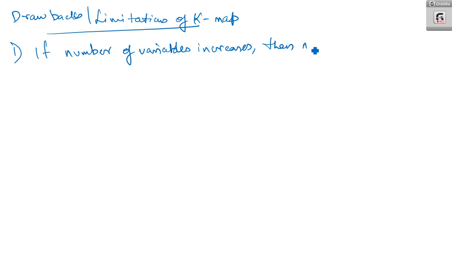First one, if number of variables increases, then number of submaps will be more.